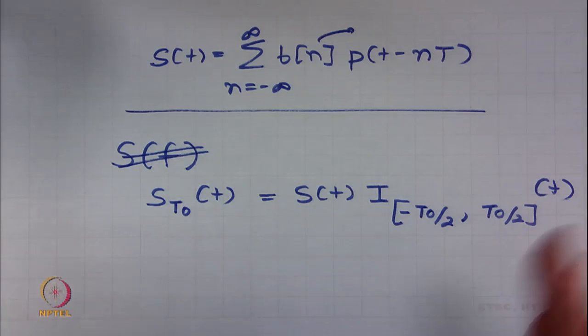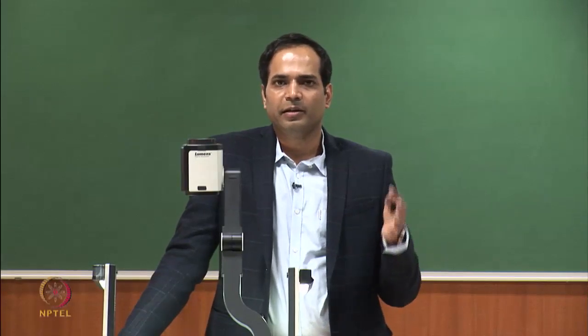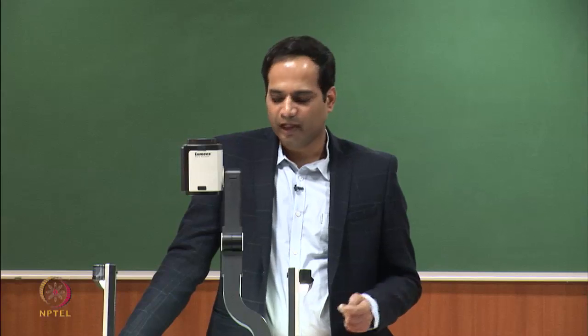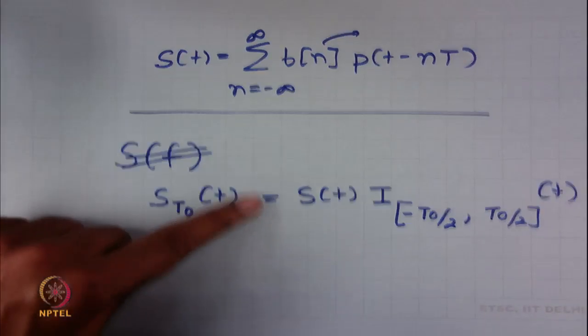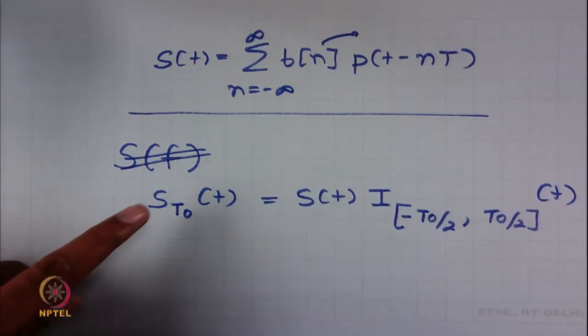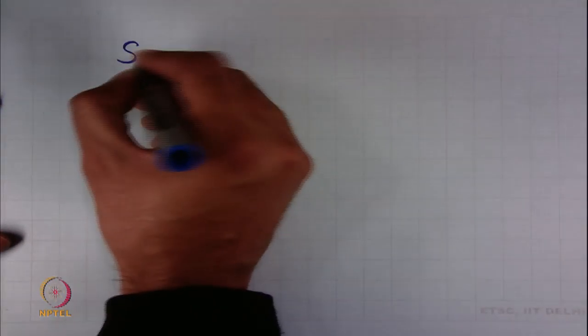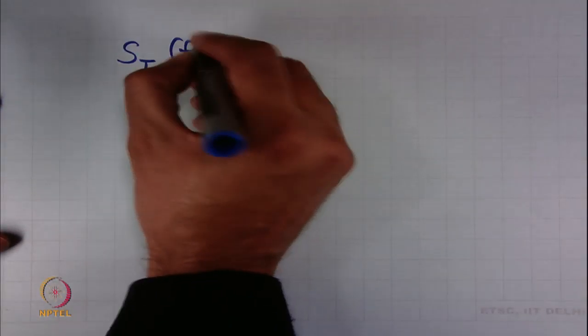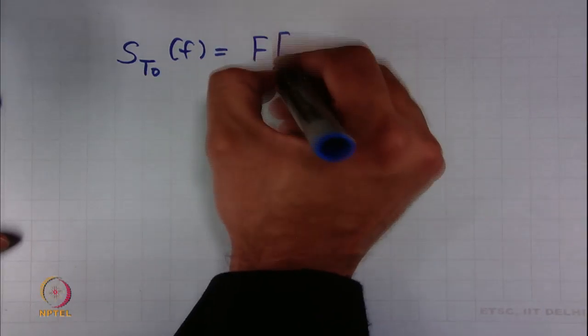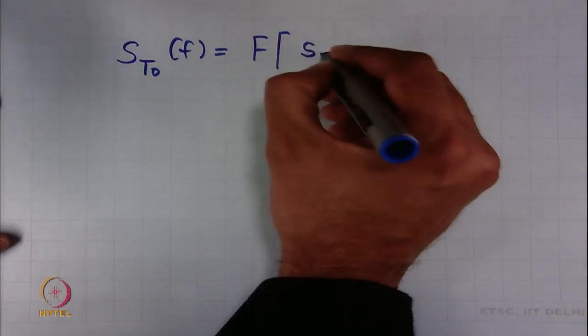If I am truncating a signal for a finite duration, the energy of that signal will also be finite. So, this allows us to calculate the Fourier transform of this signal, which I call S T naught of f, the Fourier transform of S T naught of t.